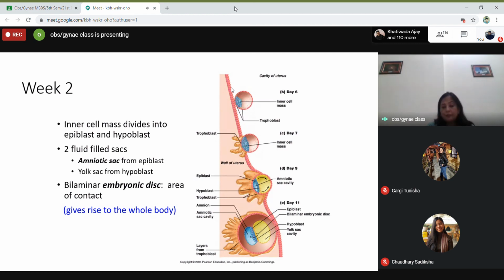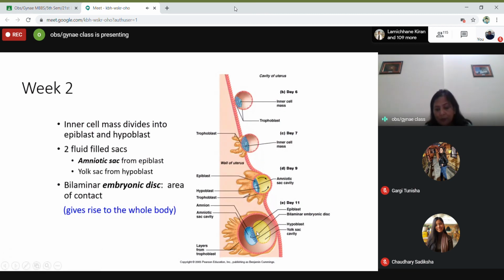So in the second week, there is further development of the blastocyst and implantation. The inner cell mass divides into epiblast and hypoblast. Okay. And then later there will be a fluid sac. This fluid sac is the amniotic fluid, and later this inner mass changes into 3 layers: epiblast, mesoblast, and hypoblast.